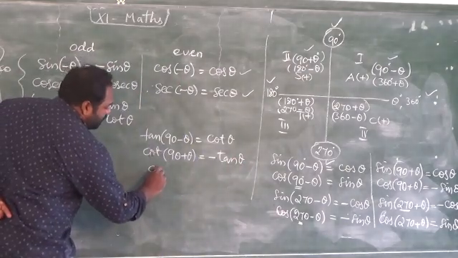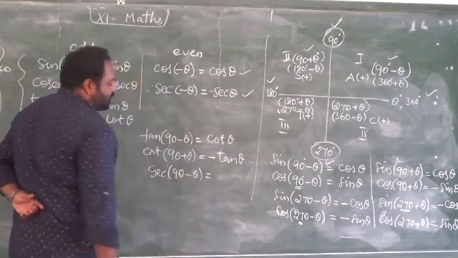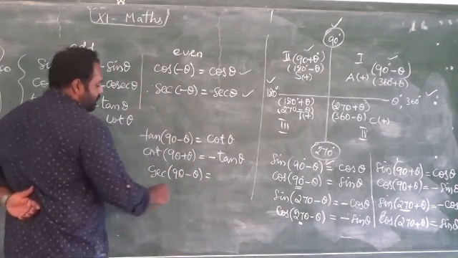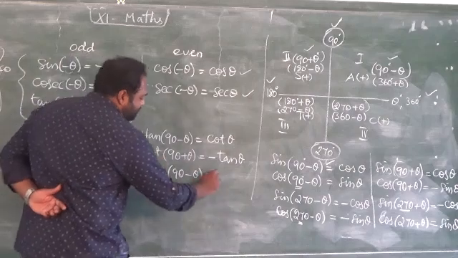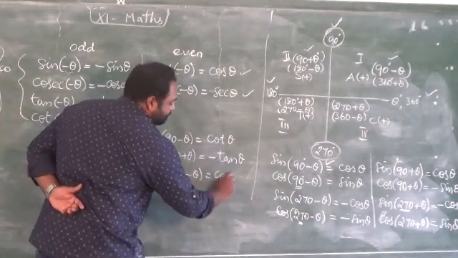Then secant 90 minus theta. Which quadrant? First quadrant. In the first quadrant all are positive. Because of 90, the co-ratio is cosecant theta.